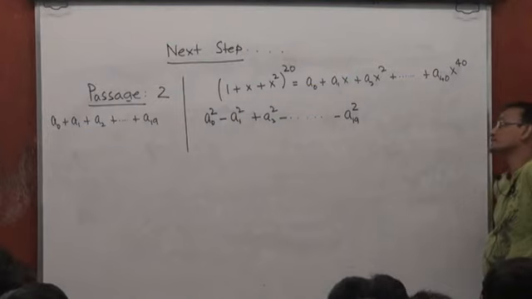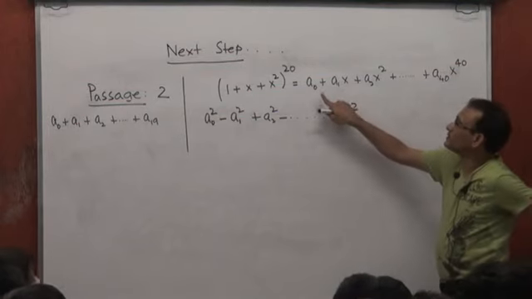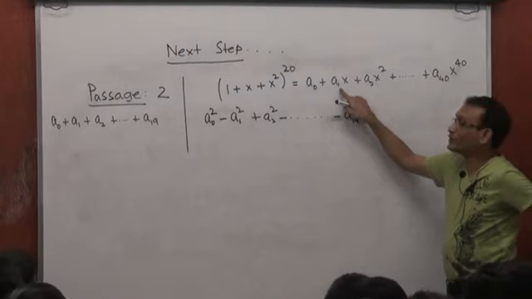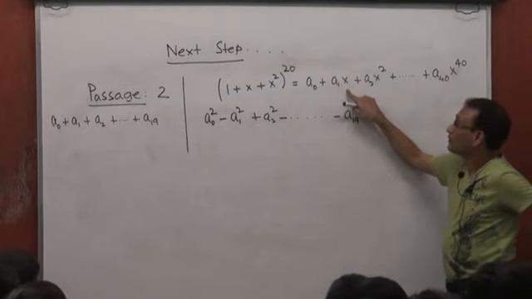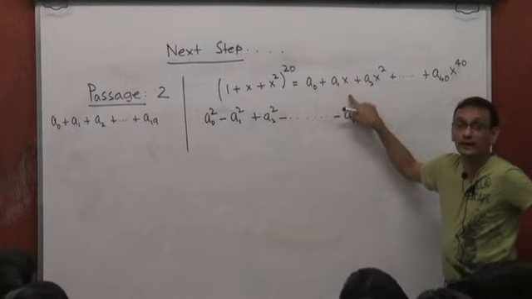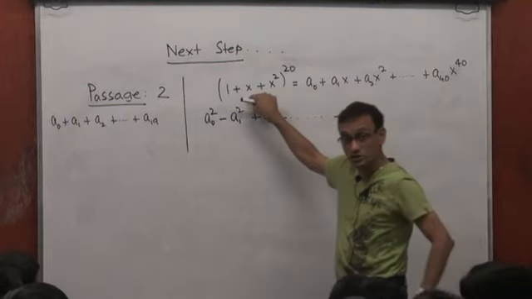What I do here is, first of all, let me create a scene where I could have alternate signs, and I could replace x by minus 1 by x in this mother expression.